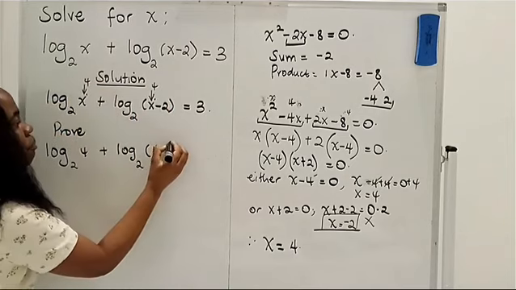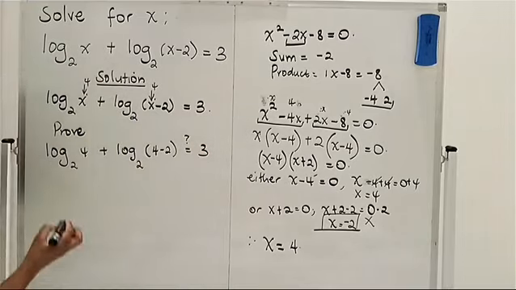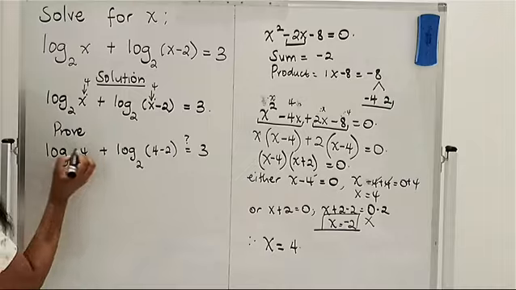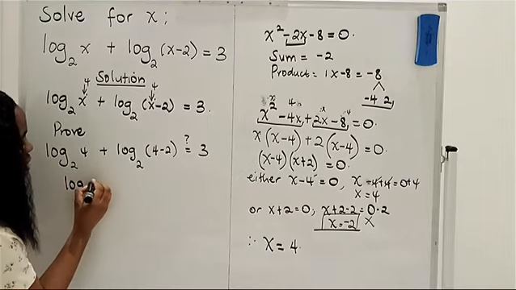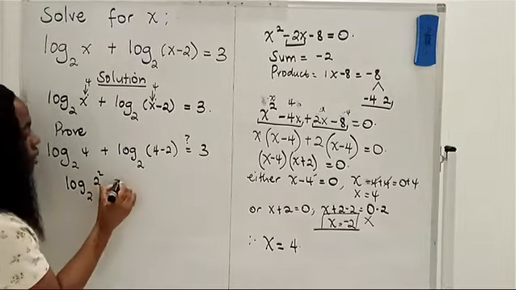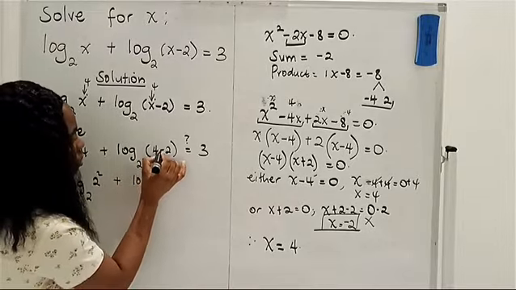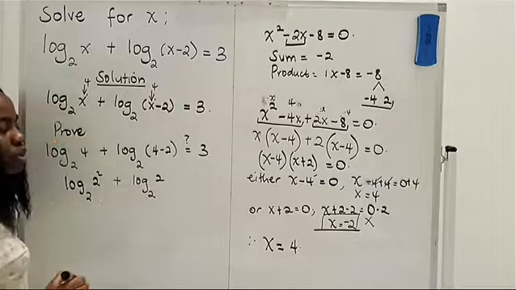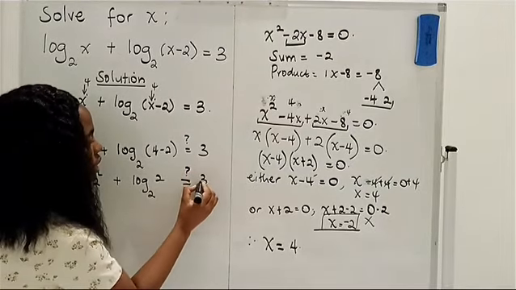We want to check, is it equal to 3? Log 2 of 4 is the same as log 2 of 2 squared, because 4 is the same as 2 squared. Then plus log 2 of 4 minus 2, you get 2. So you're asking yourself, is it equal to 3?